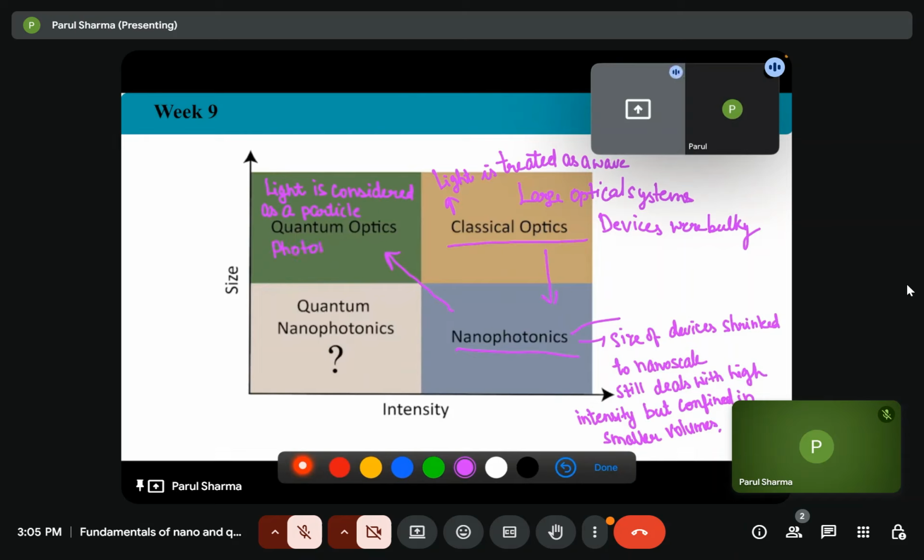Quanta of light is photon. Okay. And in this case, we focus on low intensity light.